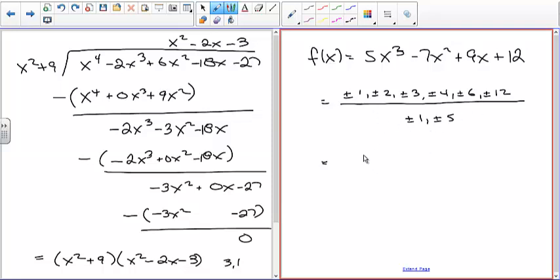You won't have quite as many to do, but if you start at the most negative, you'll have positive 12 over negative 1. So you'd have negative 12 there, and then negative 6, and then negative 4. Now what I'm doing is I'm looking for the next larger one, 12 fifths.